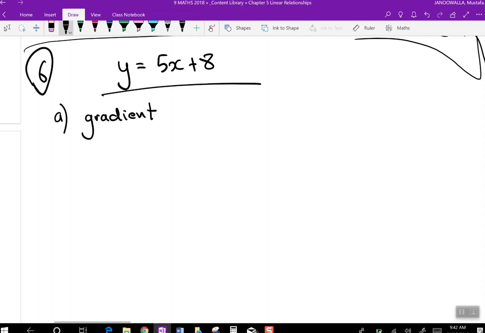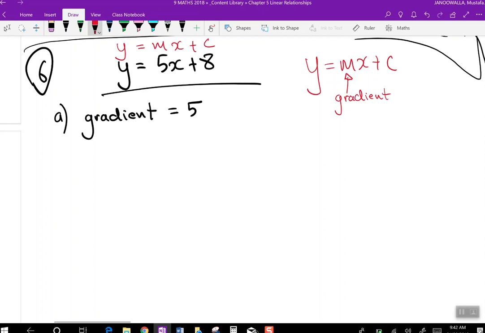You need to realize that your general equation is y equals mx plus c, where m is your gradient. So what would your gradient be? 5. Good. So your gradient is 5. You're just lining it up with y equals mx plus c.